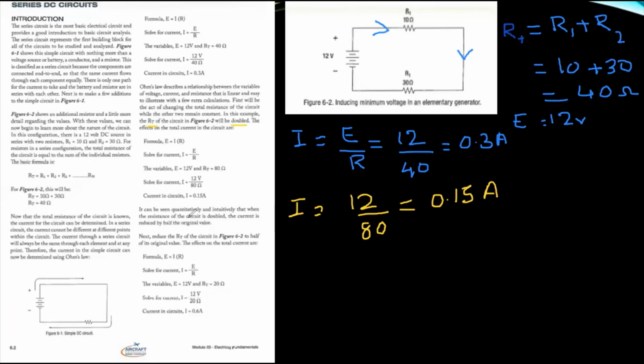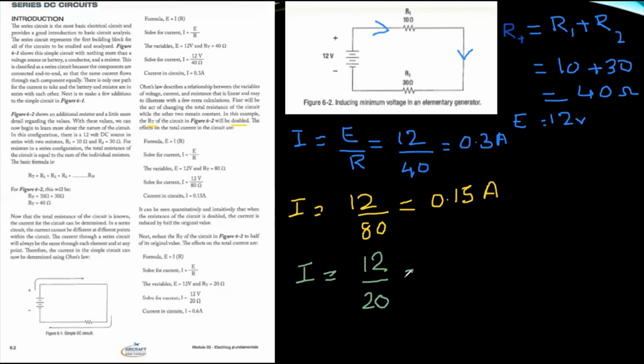Now the third case we will see, we are reducing the RT to half. Earlier we were doubling the total resistance. Now we are going to reduce the total resistance by half. So in case 3, RT will be 20 ohms, because we are reducing it by half.